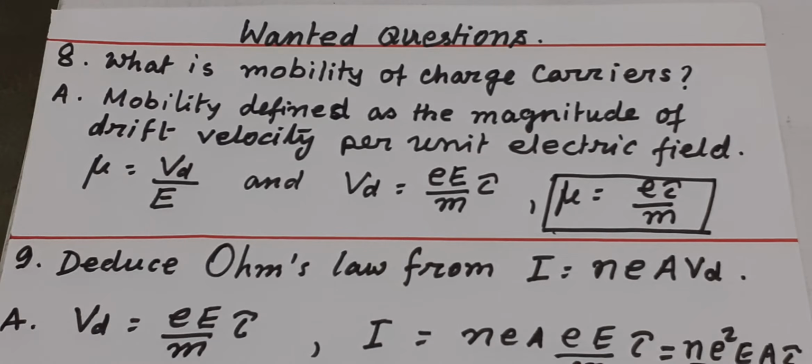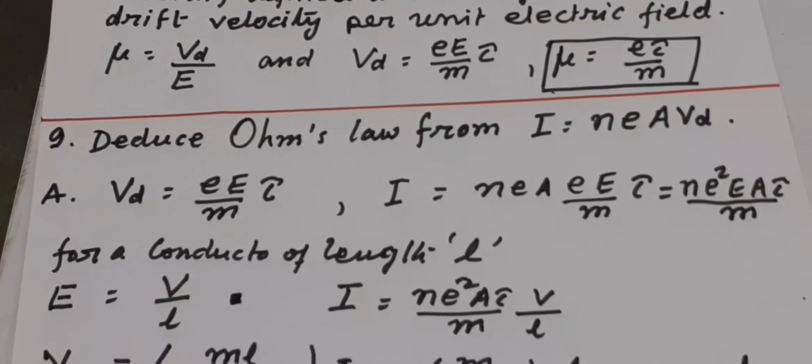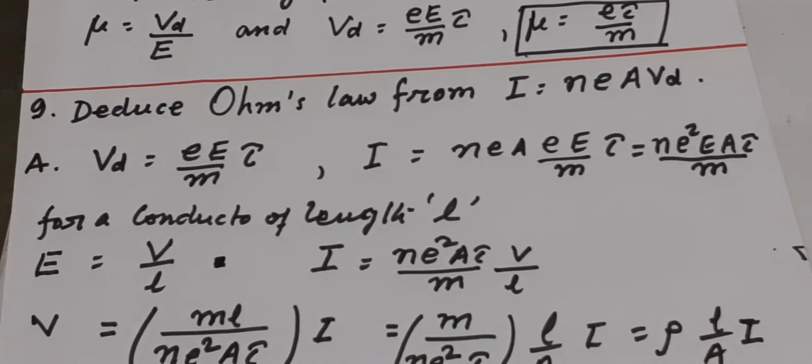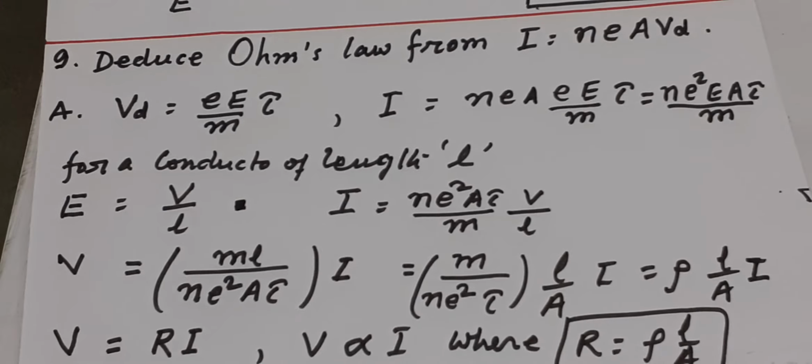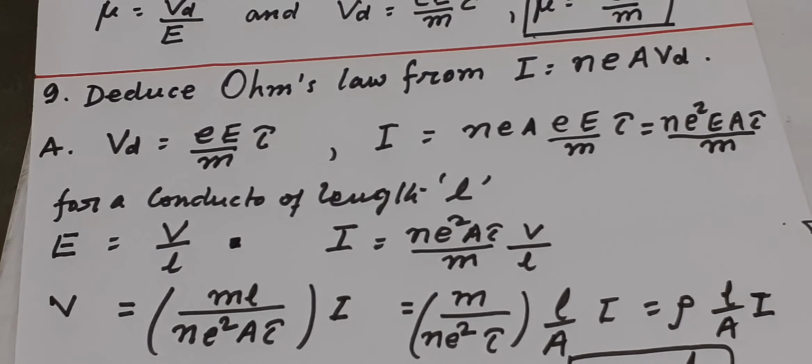Now we can substitute here and we'll get I equals n e square E A tau by m.